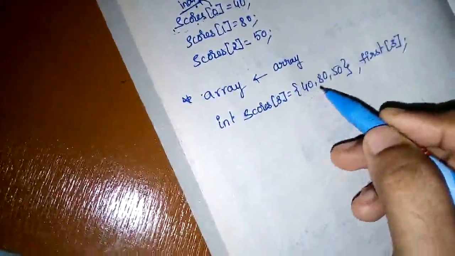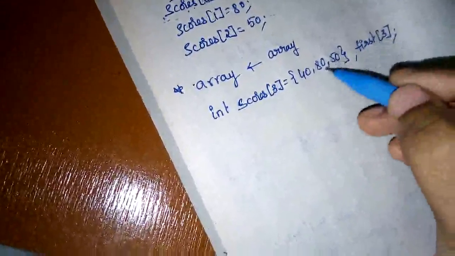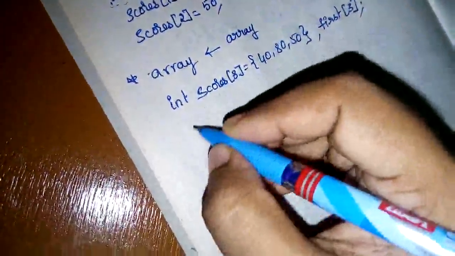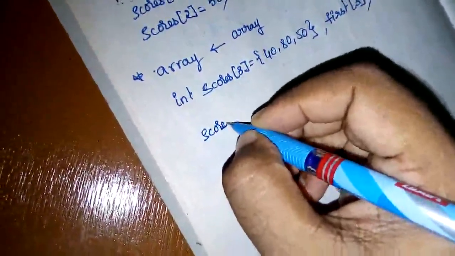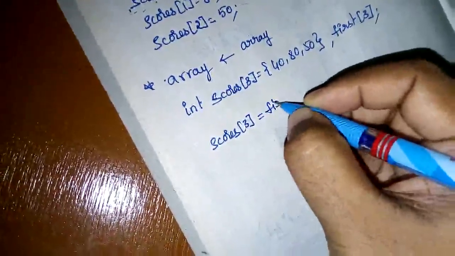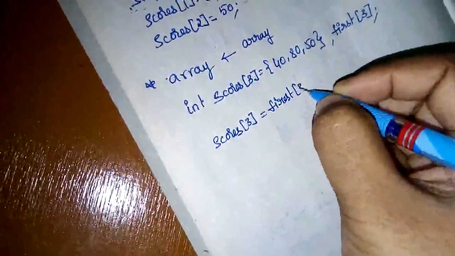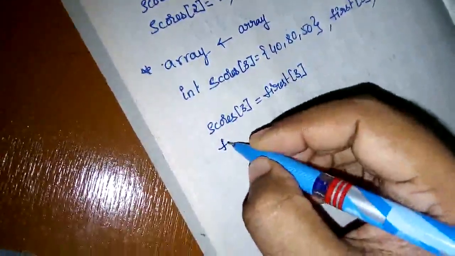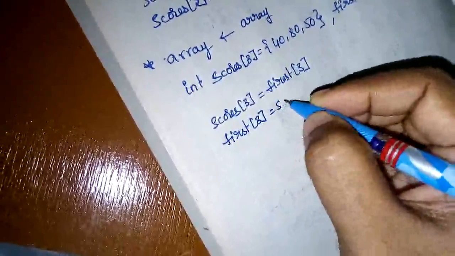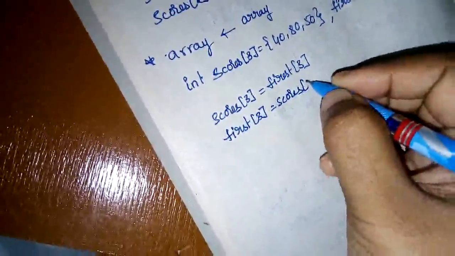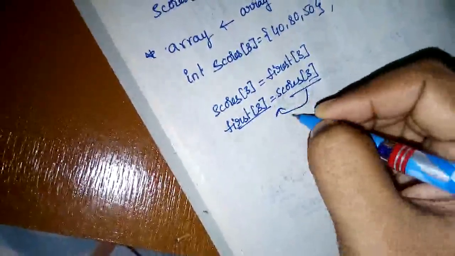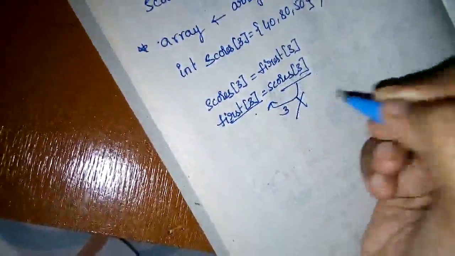I just want to assign the values of scores into first. I cannot assign the arrays directly. If you want to store the score values, first is equal to scores. I cannot write like this in order to assign all the 3 values into the first array.